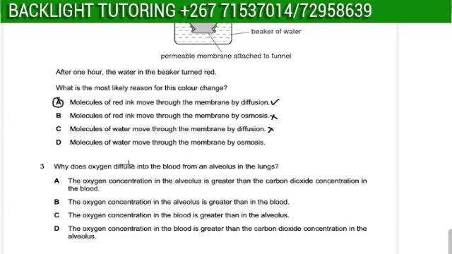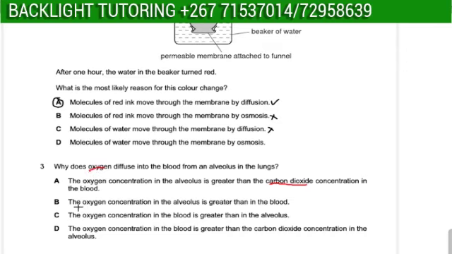So remember here we are talking about oxygen. Here they mention carbon dioxide, but we are not interested in carbon dioxide, we are interested in oxygen.